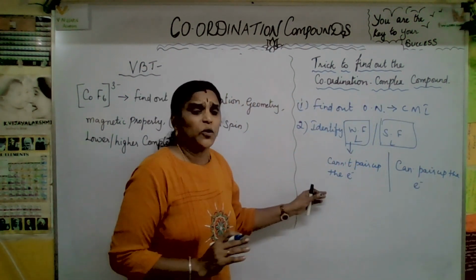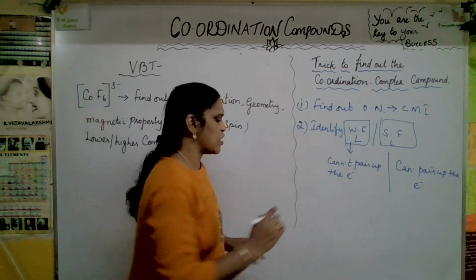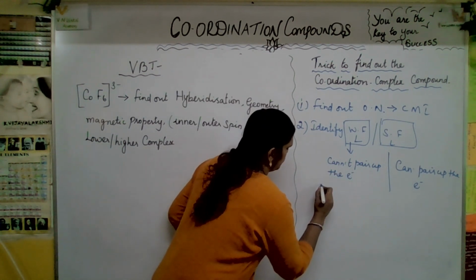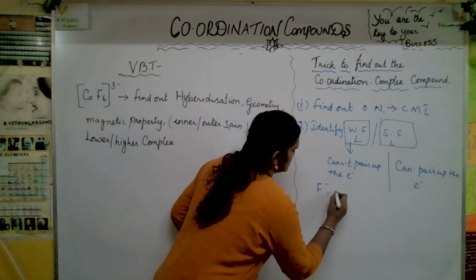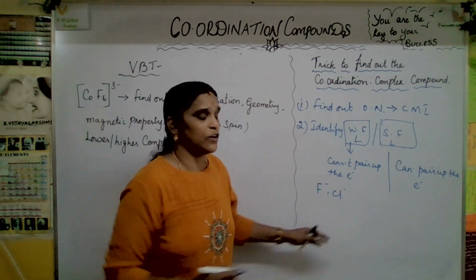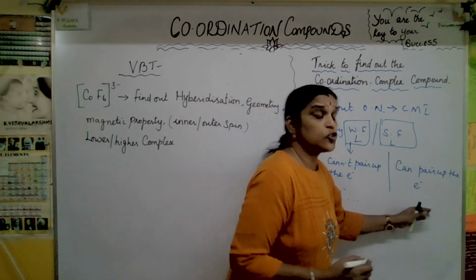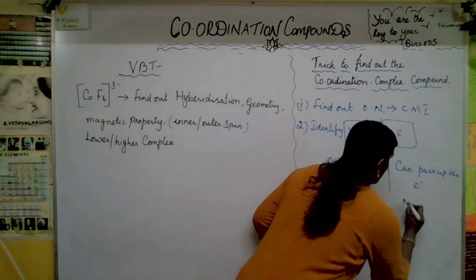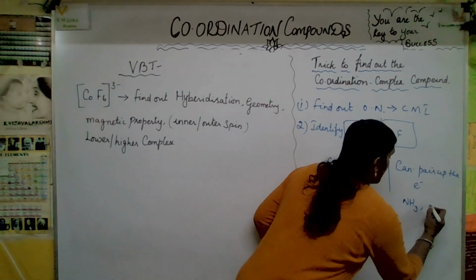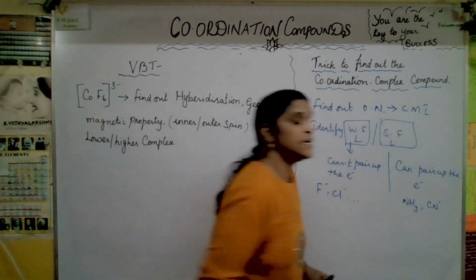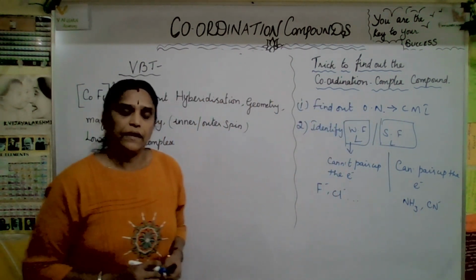Okay, now how to identify weak field and strong field? I would like to give you examples. F minus, Cl minus, such kinds of ions are weak field ligands. And strong field ligands, for example, NH3 and CN minus, these are all strong field ligands.